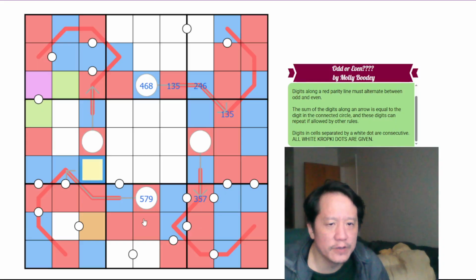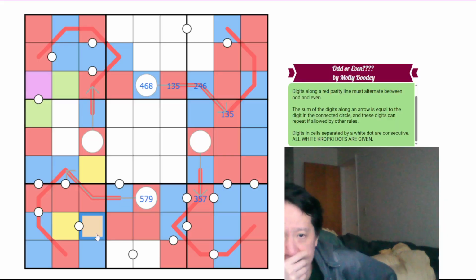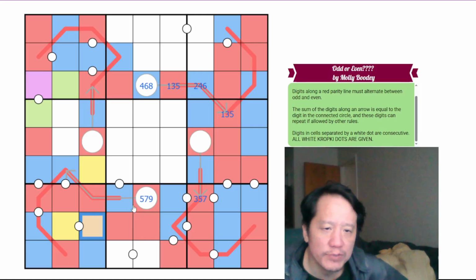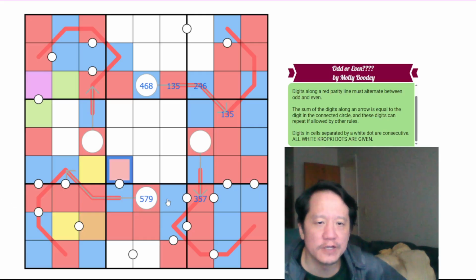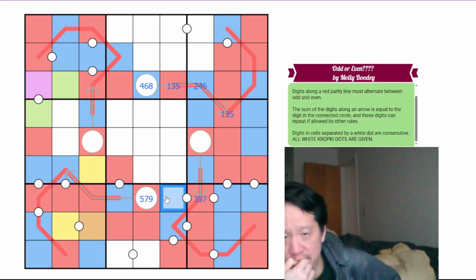Orange and yellow, I guess. So these are opposite parities. Oh, this is blue, so that makes this red, to be consecutive with it.